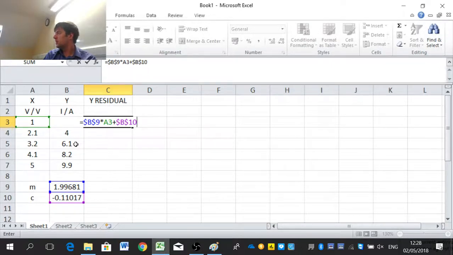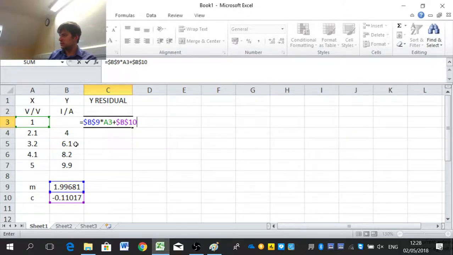The $ is just a symbol to say fix constant. The purpose of the dollar is to tell Excel that this thing is a constant. Do not change its value.